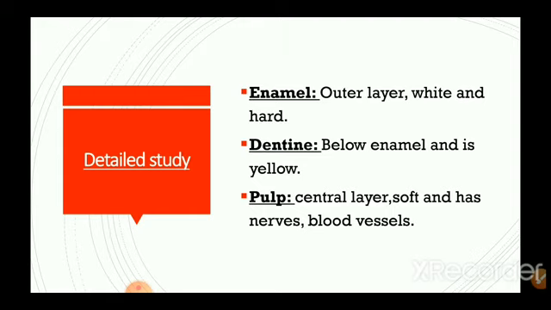Pulp, as you have heard of this term usually in context of fruits. Similarly, pulp in context of the tooth is the central layer or the innermost layer of a tooth, and as the name pulp suggests, it is very soft in nature, and it has nerves and blood vessels.